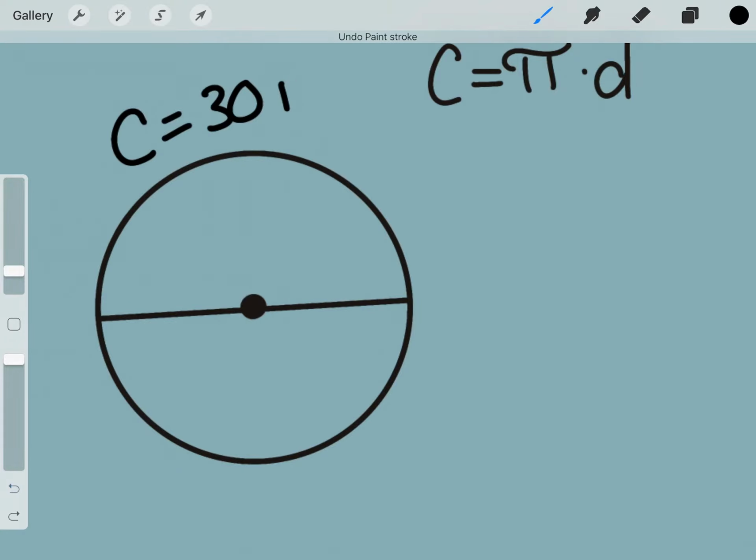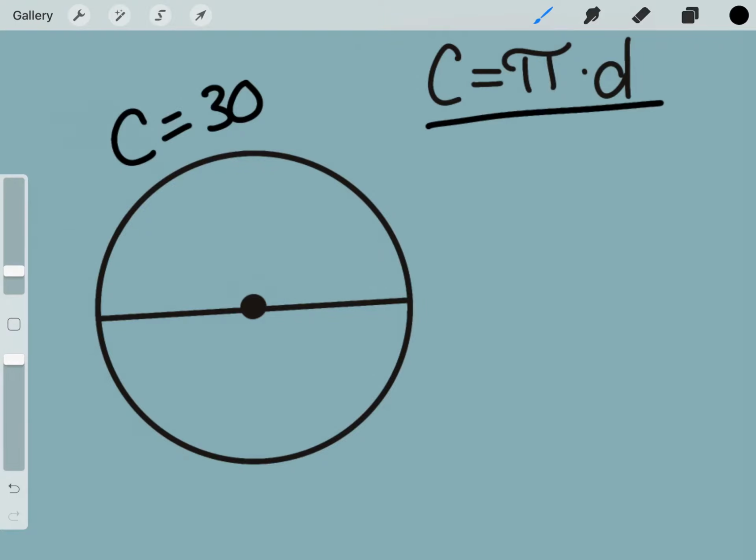Very good. I lied, I'm actually going to do one more. What if I say the circumference is just 30 and there's no pi there? So this is where it gets a little bit different. It's not as visual, it doesn't look exactly like the formula. So in this situation, you'd plug in 30 for C. And then we would try to isolate D all by itself. So in order to get D all by itself, it's now being multiplied by pi.